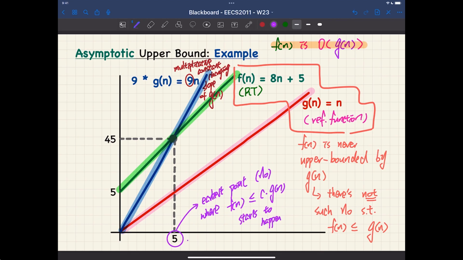And of course, starting from over here, the upper bound effect does happen, so it's true. Before here, the upper bound effect is false. It doesn't happen. Right? Do you guys see why?